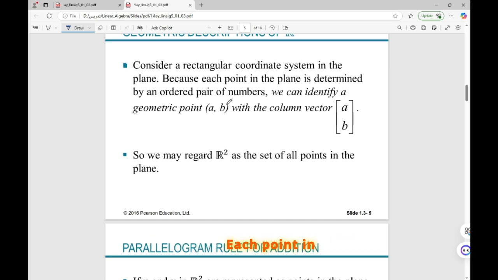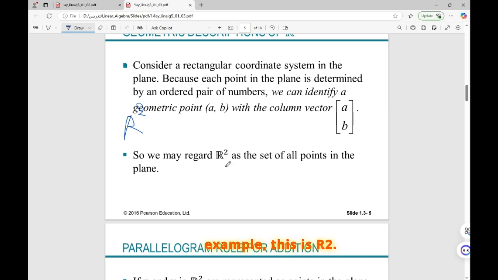Each point in R2 corresponds to a vector, and each vector corresponds to a point. So you have a one-to-one correspondence between vectors and points in R2.